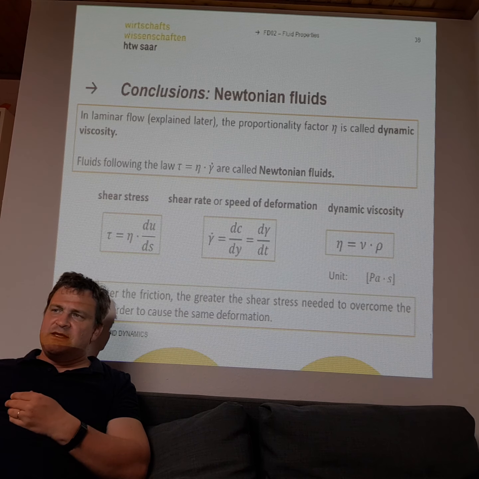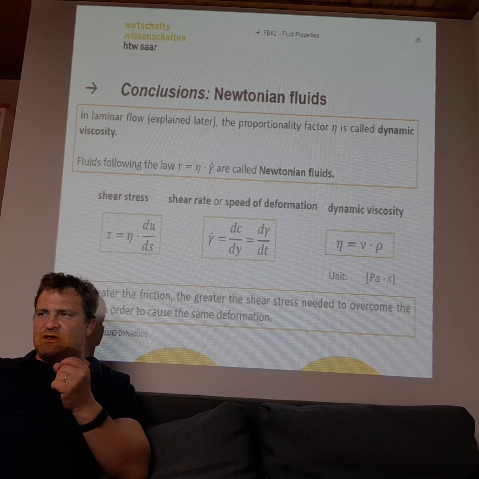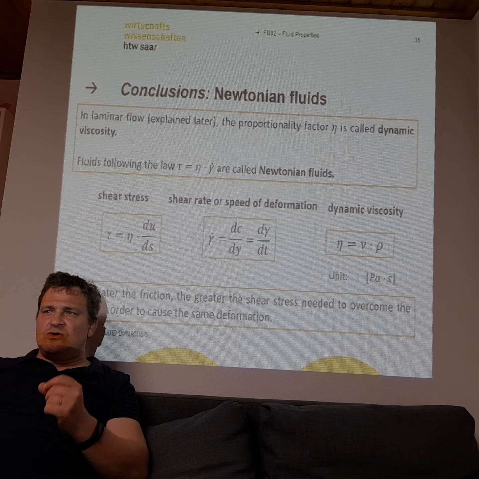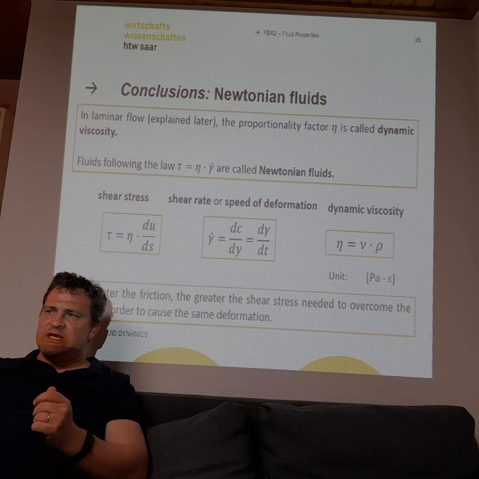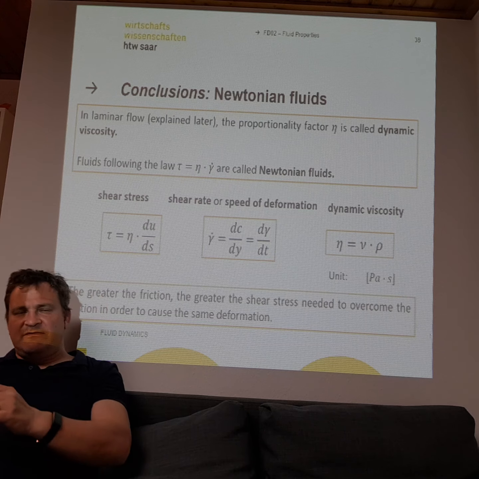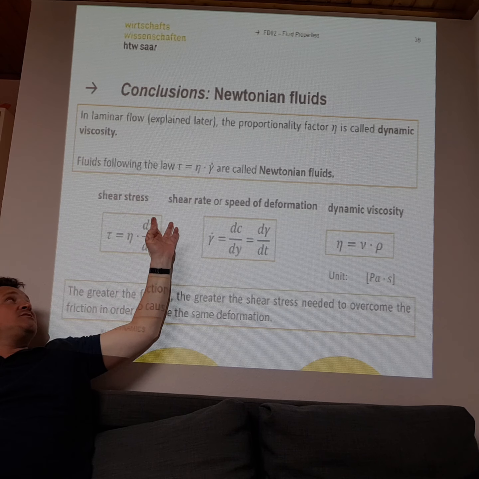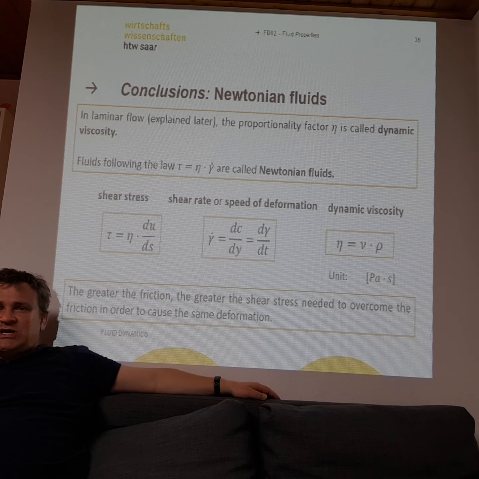Okay, here is a conclusion, and now it really gets tough. Now it gets really complicated. The conclusion is just for Newtonian fluids now. If we have a Newtonian fluid, we have the behavior: the gradient times the viscosity is the shear stress.